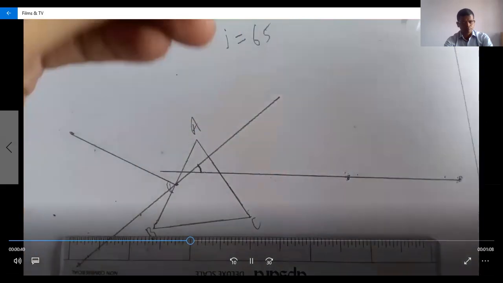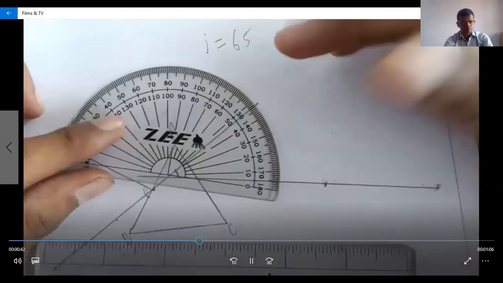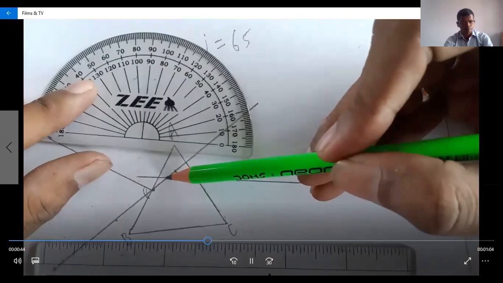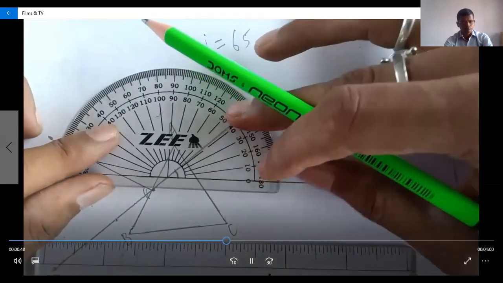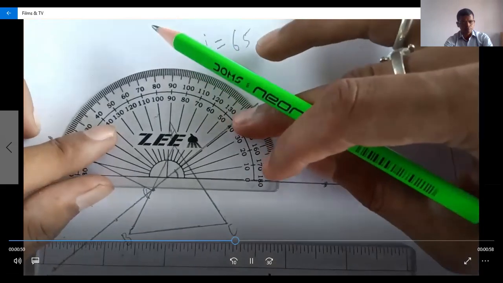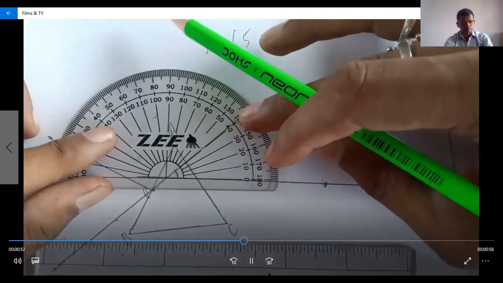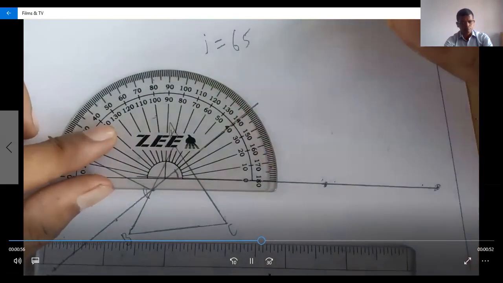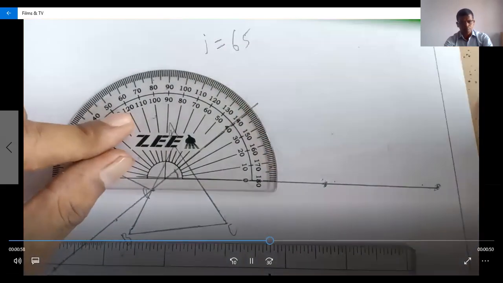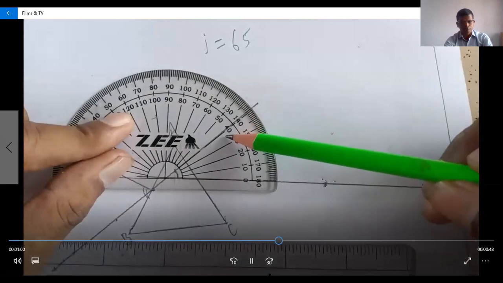So how do we put the protector? These two points, and here this is the center point. Now we set the protector here. So we found here the angle of deviation, and it is 40.